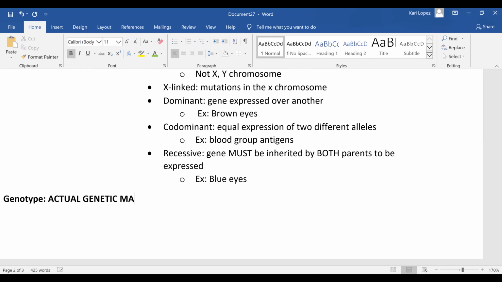I'm going to put the Punnett square definition up here too. A Punnett square is used to predict the probability of offspring's genotype.